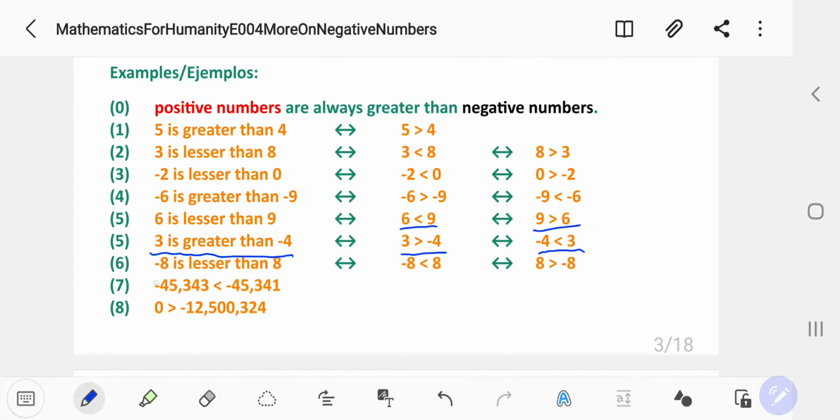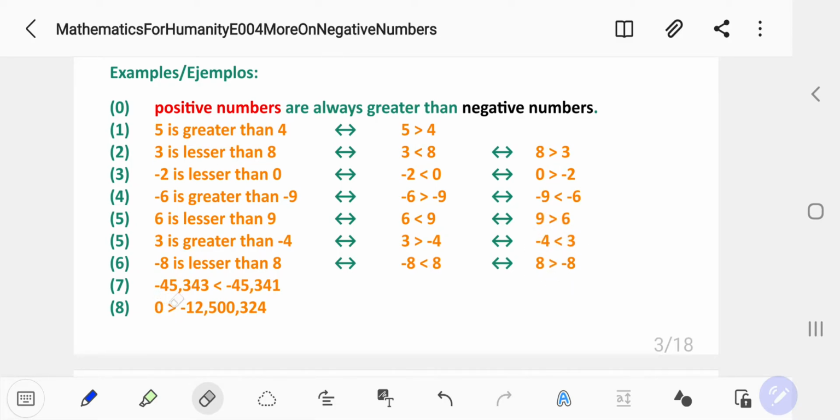And of course, negative 8 is lesser than 8. If you flip it, you have 8 greater than negative 8. And on the seventh example, you have a very large number.